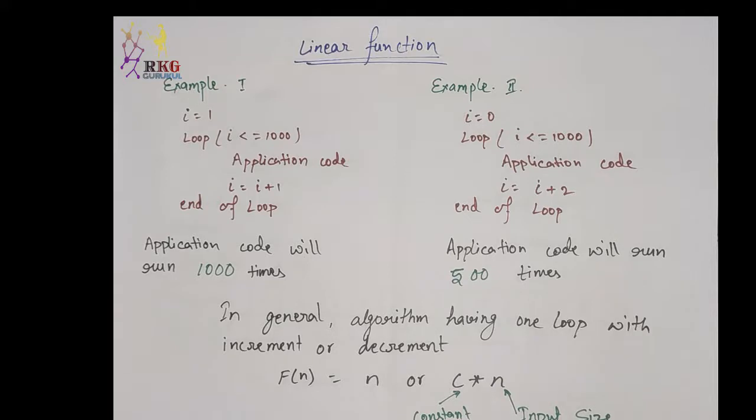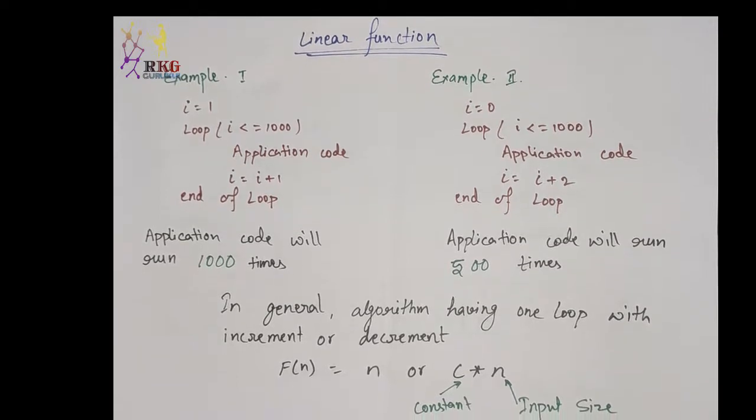Therefore, in general, for this type of algorithm which has one loop with increment or decrement operation on the control variable, the time complexity function f of n will be written as n or c multiplied by n, where c is some constant and n is the input size of that algorithm.